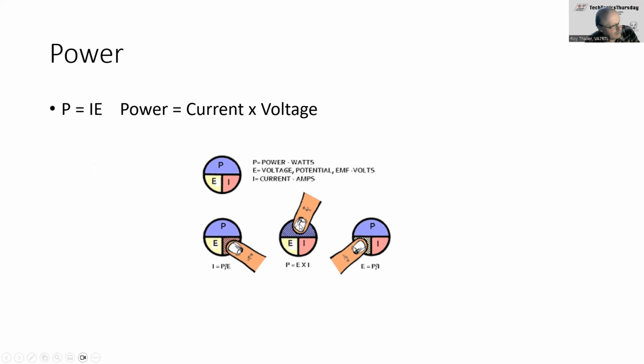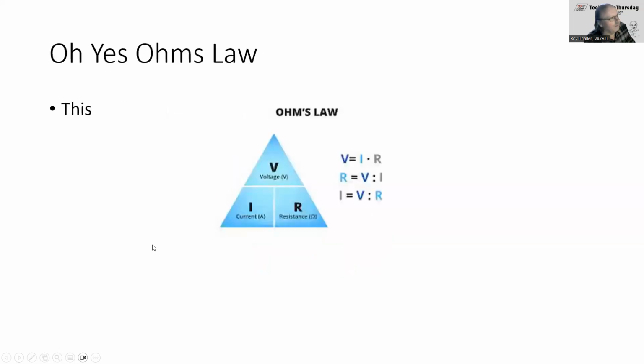So if you want to calculate power, it's E times I. If you want to calculate E, it's power divided by I. And if you want to calculate I, it's power divided by E. So yes, we have the same thing for Ohm's law. If you write V or E, and current I, and R for resistance, again, you cover up what you want to calculate, and then you have what's left over, either multiplying or dividing.